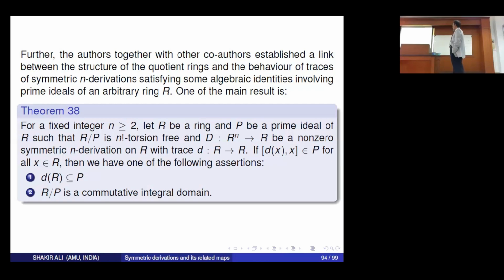So we have this n-derivation, and if you have a symmetric n-derivation with a trace which satisfies d(r) in this condition. If you remember the result of Posner, that one belongs to Z(R). We start our discussion from this result.